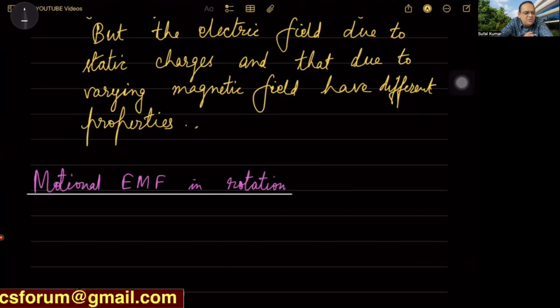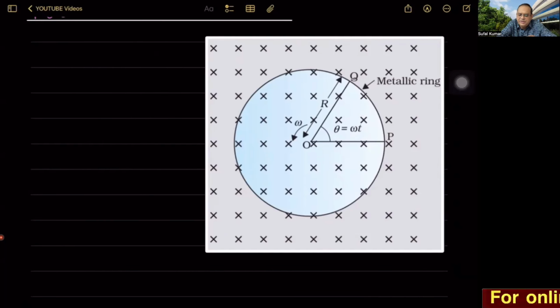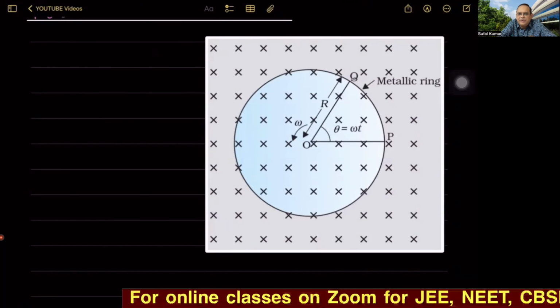Just the formal proof. We'll be doing it in two ways, that is, two methods. Now, the discussion is very small. This is the rod of length R, which constitutes the radius.